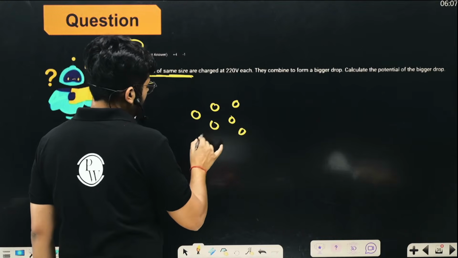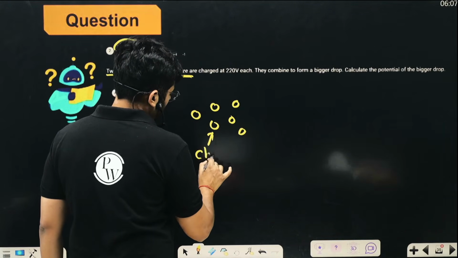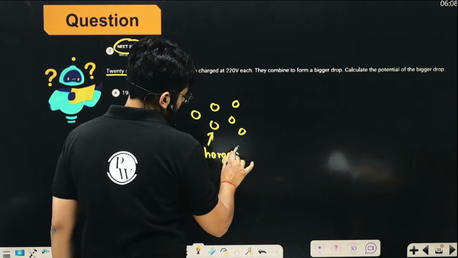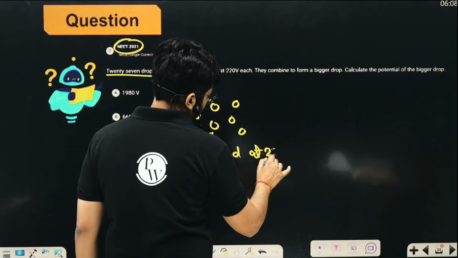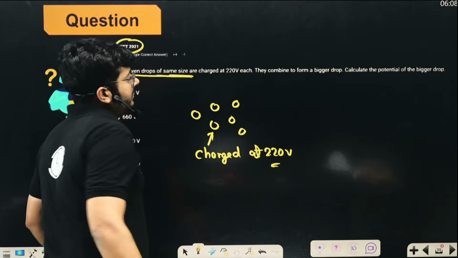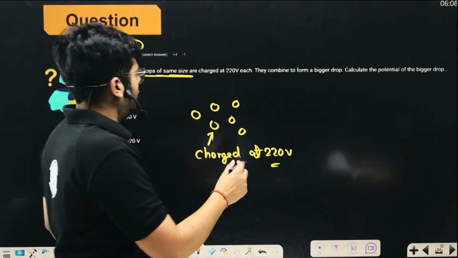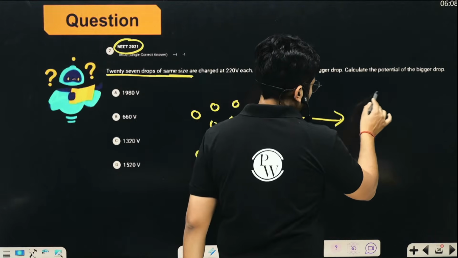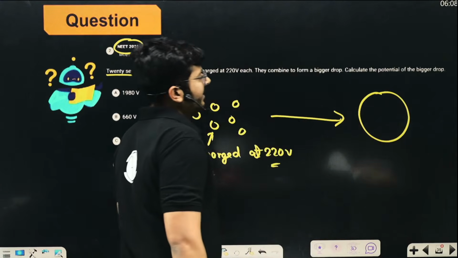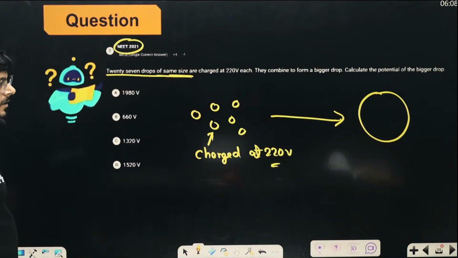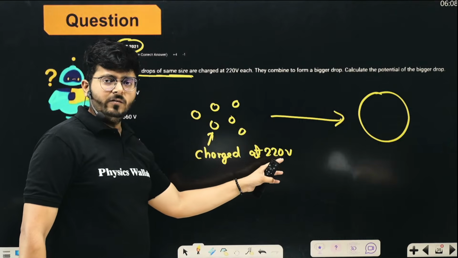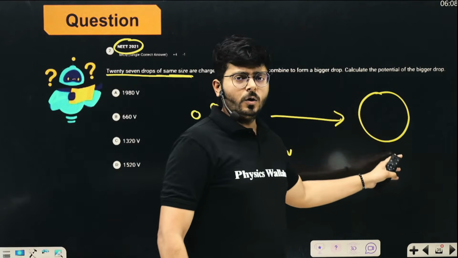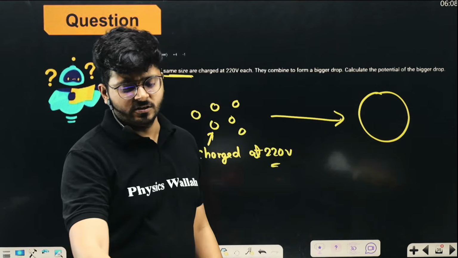Okay, so each of them is charged at 220 volt. They combine to form a bigger drop. Calculate the potential of the bigger drop. So they are all charged at 220 volt, they combine to form a bigger drop. What will be the potential of the bigger drop? This is something you have to answer.